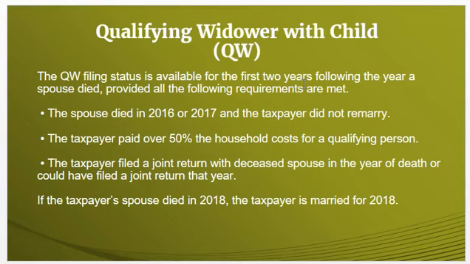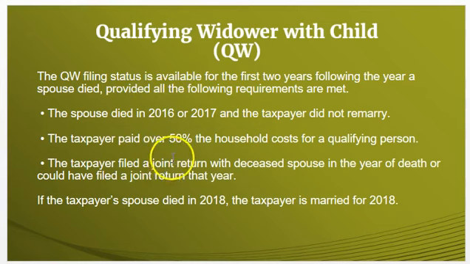So if the spouse died in 2016 or 2017 and the taxpayer did not remarry, they would file under this filing status. If the taxpayer paid over 50% of the household cost of a qualifying person, they would be able to file under this filing status. If the spouse died, but there was no qualifying person that our widow or widower is taking care of, they would not qualify for this filing status.